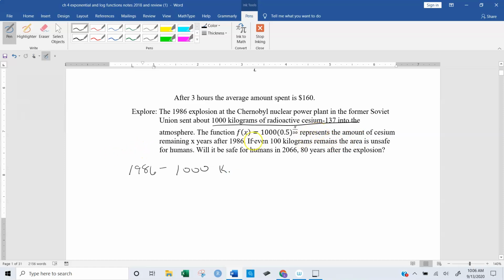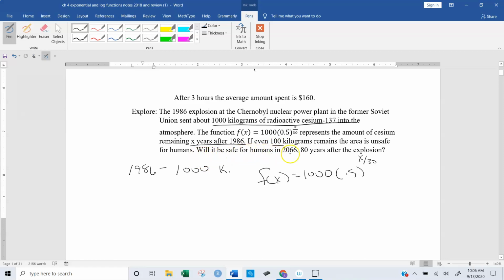We have the function f of x equals 1,000 times 0.5 to the x over 30, so this is how it decays. It gives the amount of cesium remaining x years after 1986. Now, if even 100 kilograms remains, the area is unsafe, so you can't live there. So we know 100 is bad.